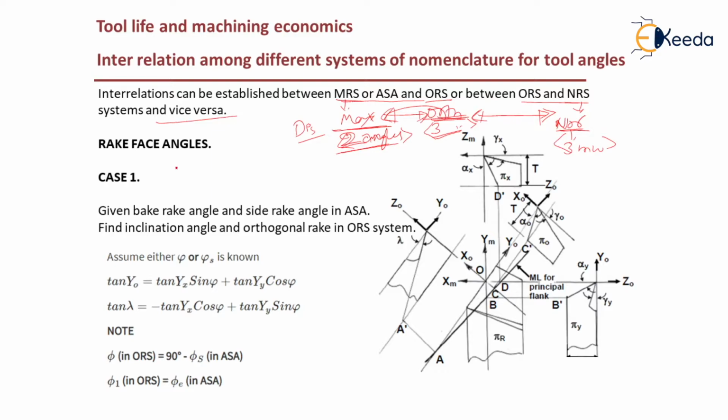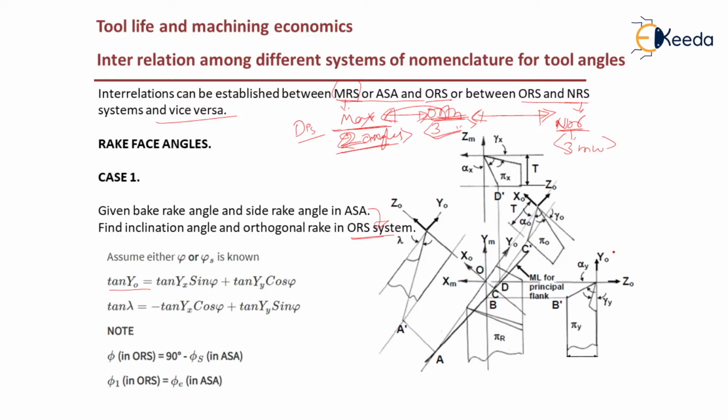So, for rake face angles, let us discuss case by case. Case 1: given the back rake angle and side rake angle in ASA, which can also be called MRS, we need to find the inclination angle and orthogonal rake in the ORS. So we need to convert from ASA to ORS, and we can use these relations.